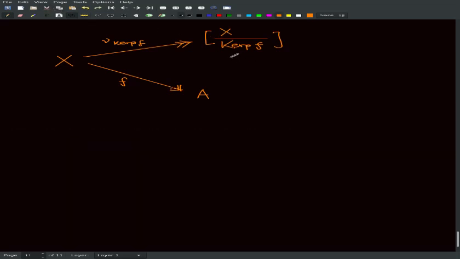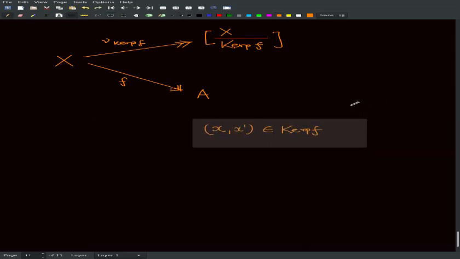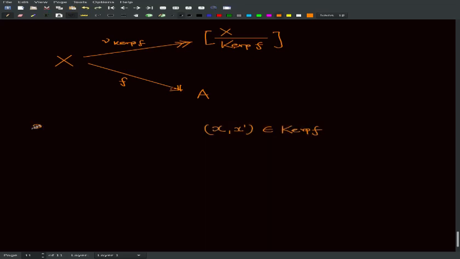Okay. So let me take x and x prime in the kernel pair of f. Remember, this means that the equivalence class of x is equal to the equivalence class of x prime.